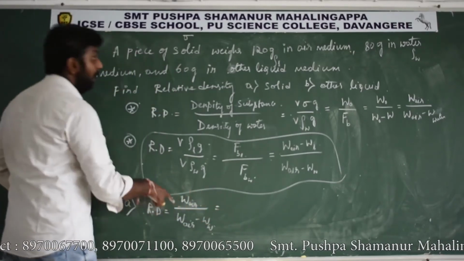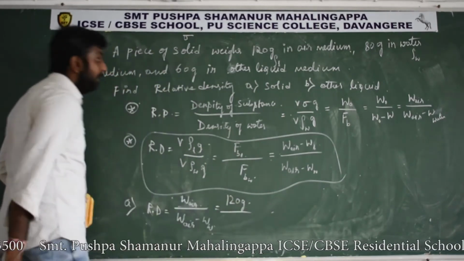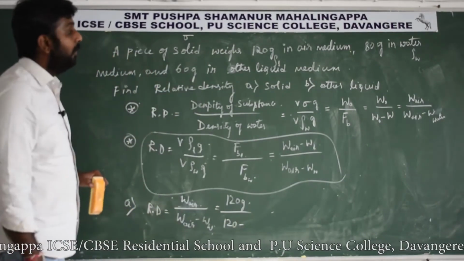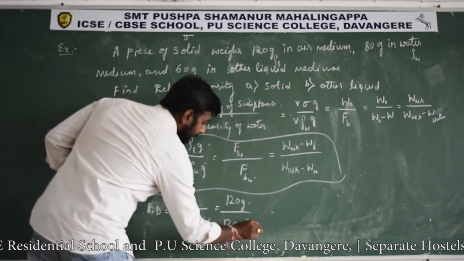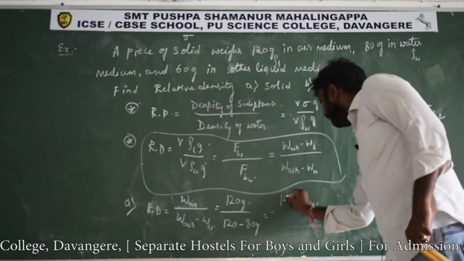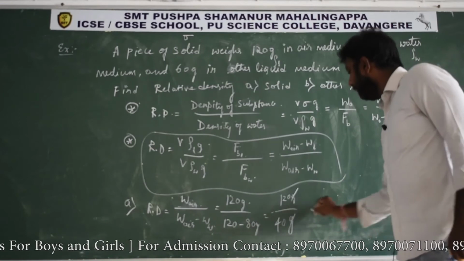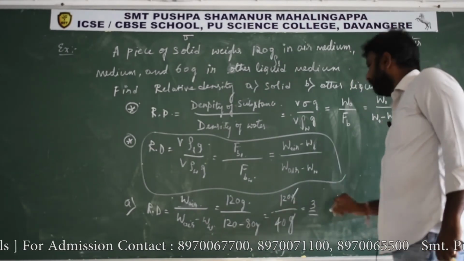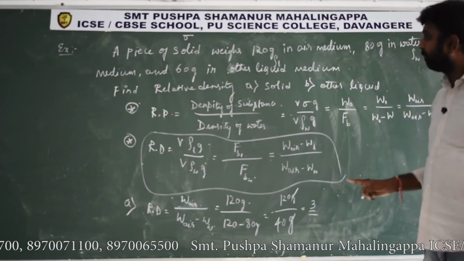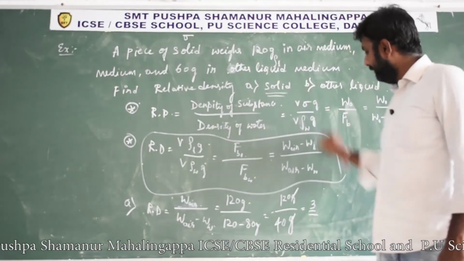Okay, so how much did we get? It weighs 120 g in air medium, and in water medium how much does it weigh? 80 g. So finally you will get 120 g by 40 g. Here g will cancel, so the ratio you will get is 3. The relative density of the solid is 3. Okay, first problem answer is 3.